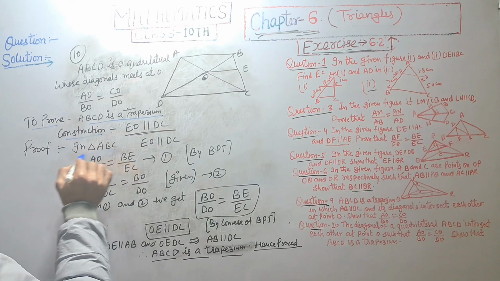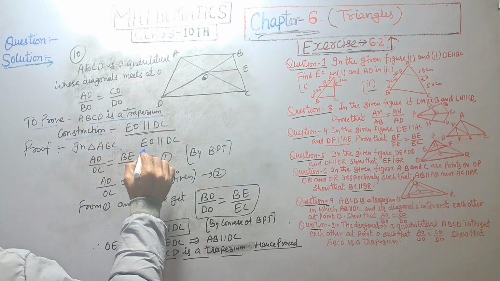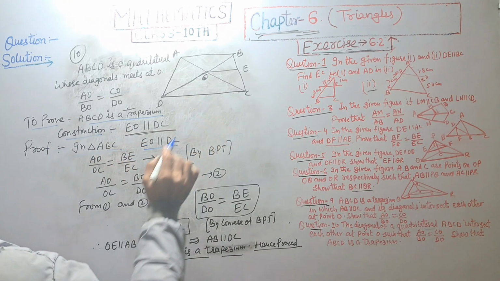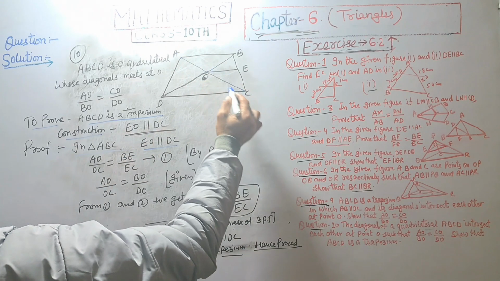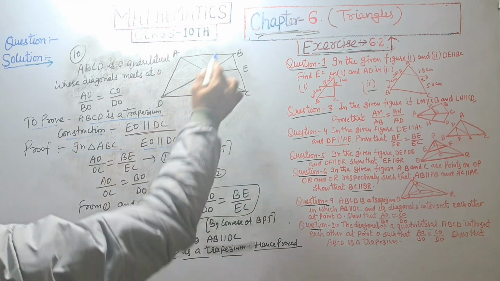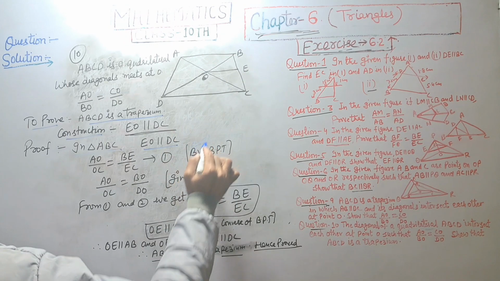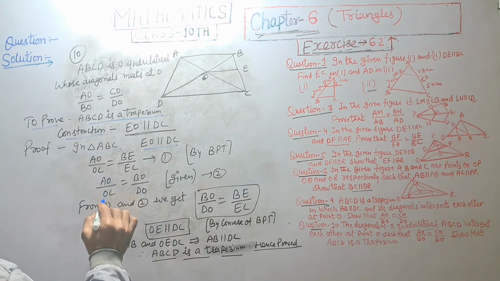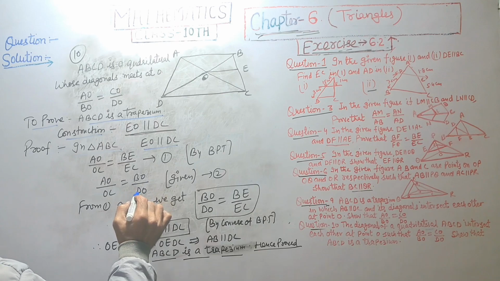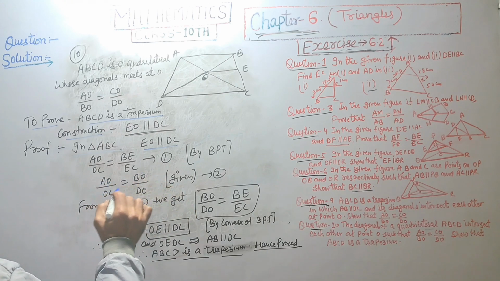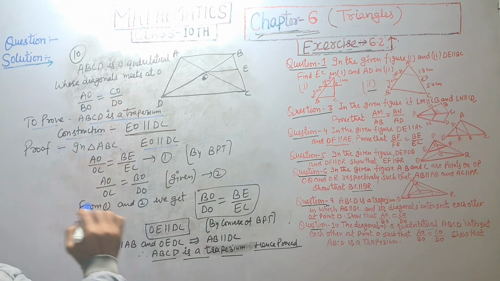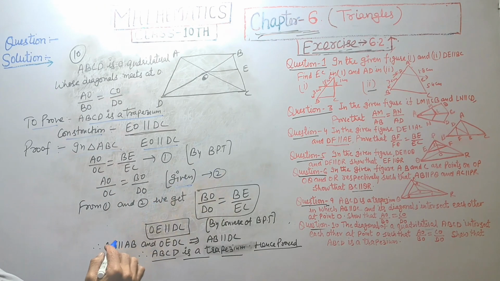Proof: in triangle ABC, EO is parallel to DC, AO upon OC is equal to BE upon EC by BPT, and AO upon OC is equal to BO upon DO, it's given. It's equation number second.